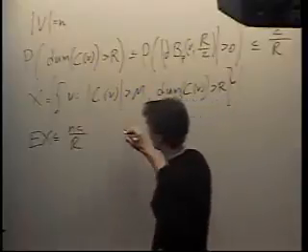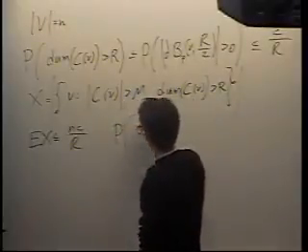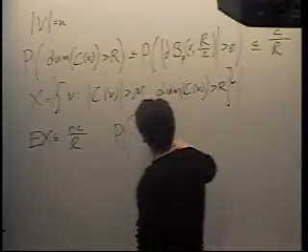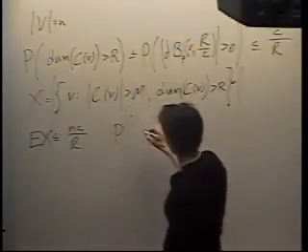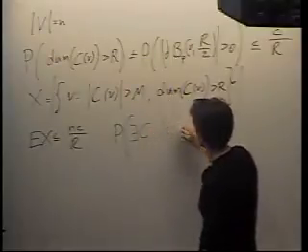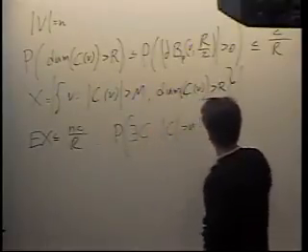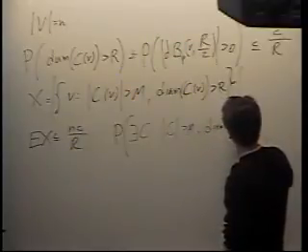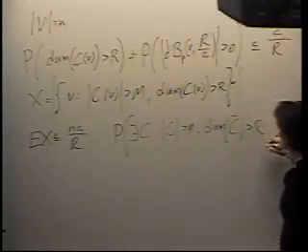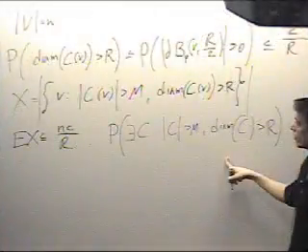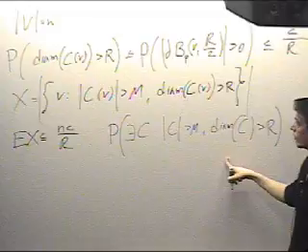But now, the probability that there exists a component of size bigger than m and diameter bigger than r, this event implies that X is bigger than m.